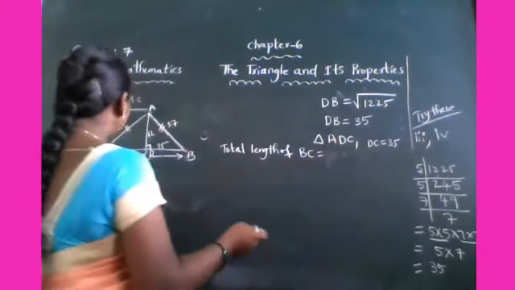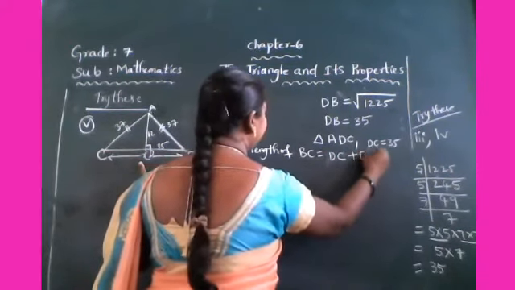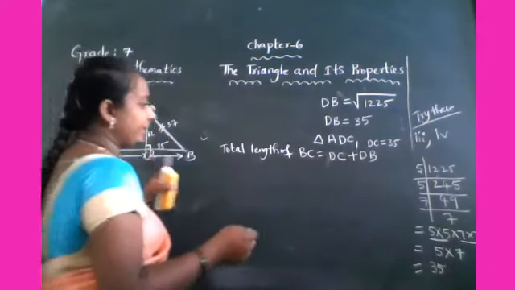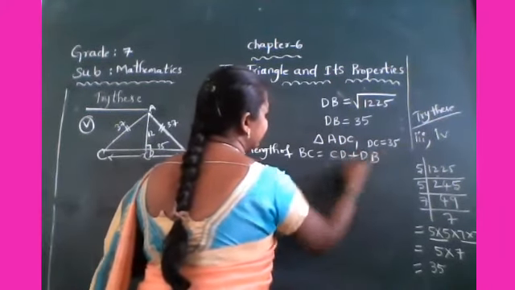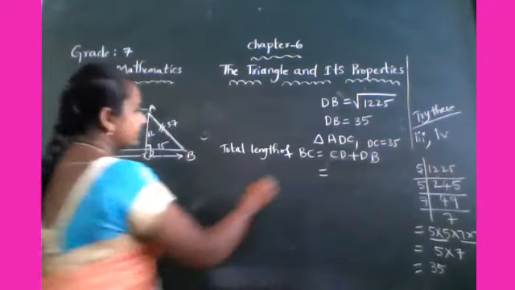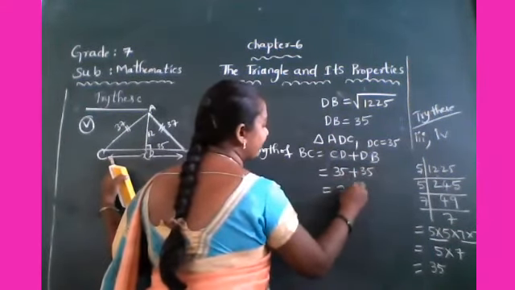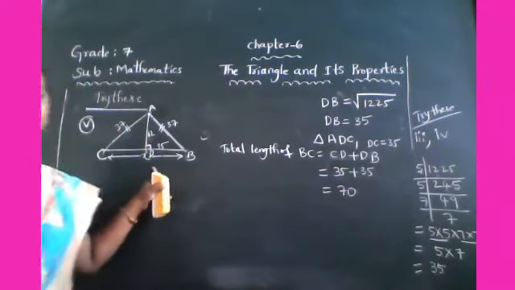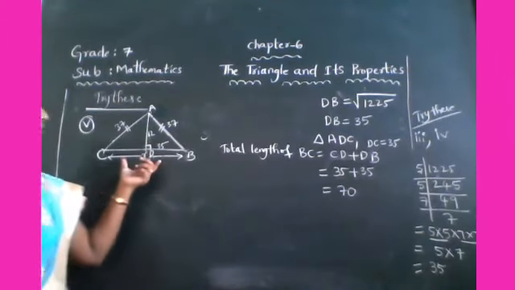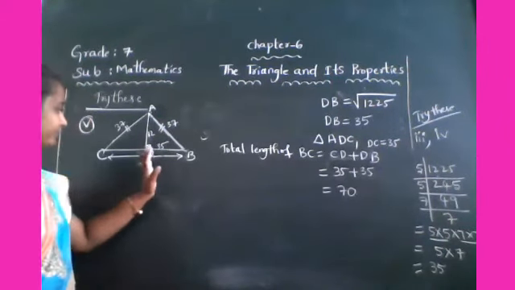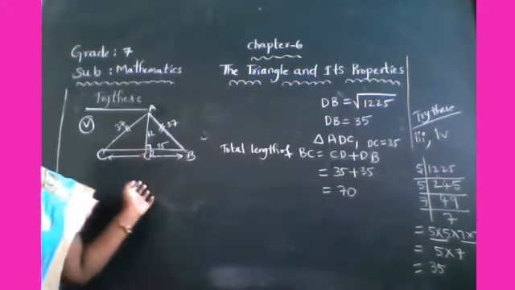How did it come? That is CD plus DB. CD length is 35, DB length is 35. It is equal to 70. Okay children, like this, using the Pythagoras theorem we can find the hidden side.